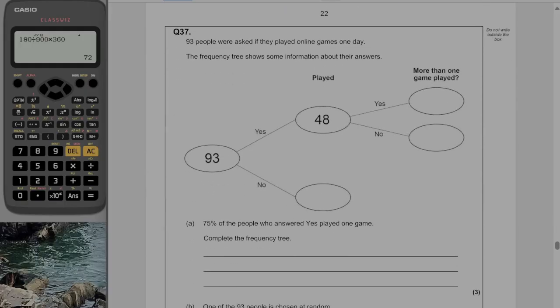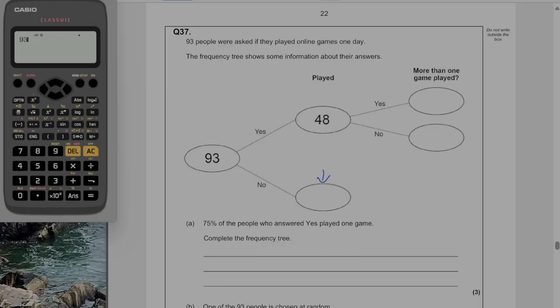Right, question 37. 93 people are asked if they played online games one day. The frequency tree shows information about their answers. 75% of people who answered yes played one game. Complete the frequency tree diagram. The first value I'm going to put in is this one here.